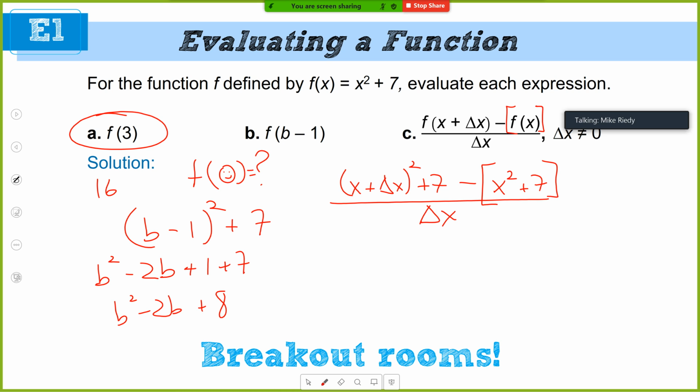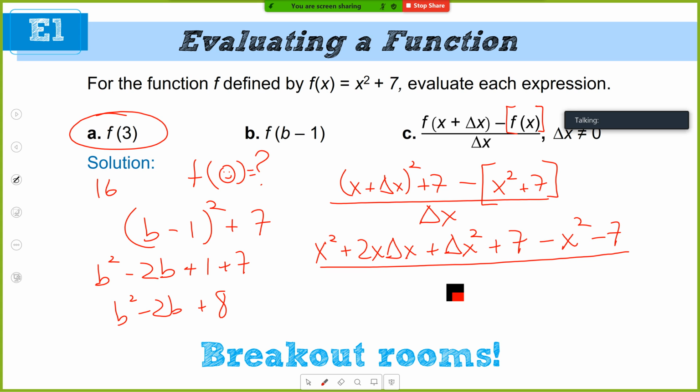Step 2 is being able to simplify that. x squared plus 2x delta x plus delta x squared plus 7 minus x squared minus 7. That's important. Okay, x squared and negative x squared go away. 7 and negative 7 go away.